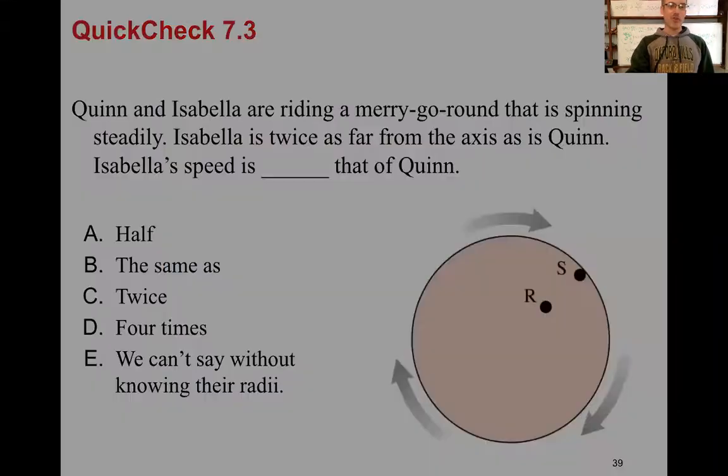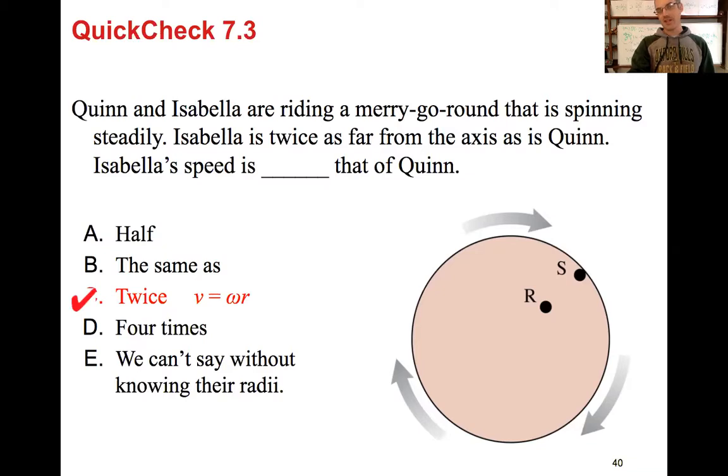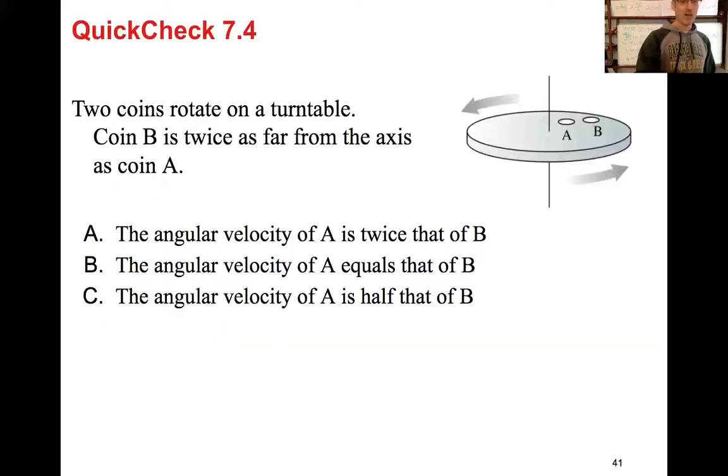Although we do know it's twice as far, so it's twice the speed. We saw that in the compact disc example, that double the distance is double the speed, okay?